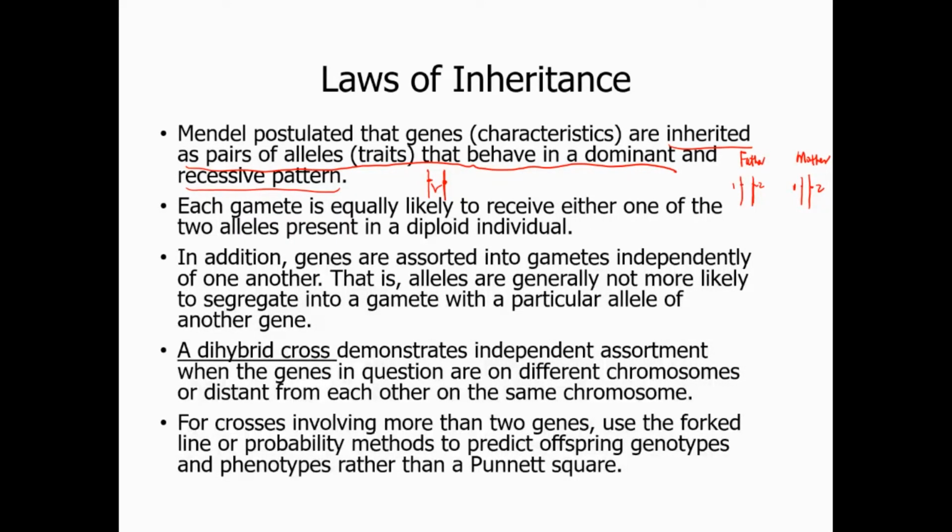So when your father's body produces sperm cells, it's called spermatogenesis, right? And the original germline cell, spermatogonia, is going to go through meiosis, and eventually you are going to have a gamete. Each gamete is equally likely to receive either one of the two alleles.